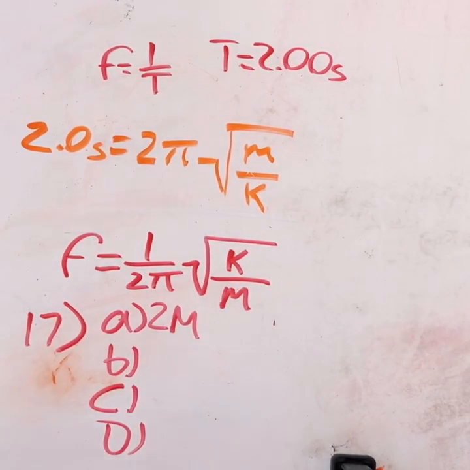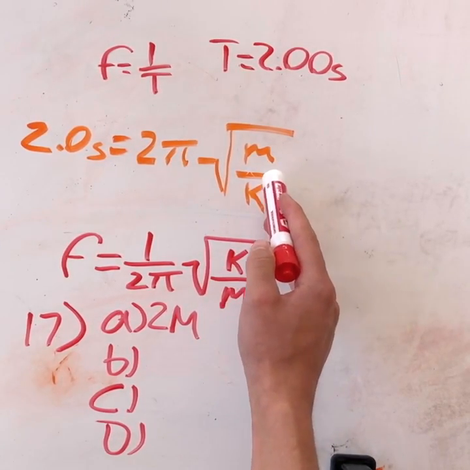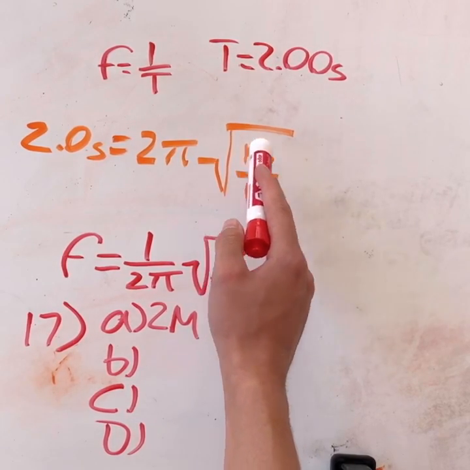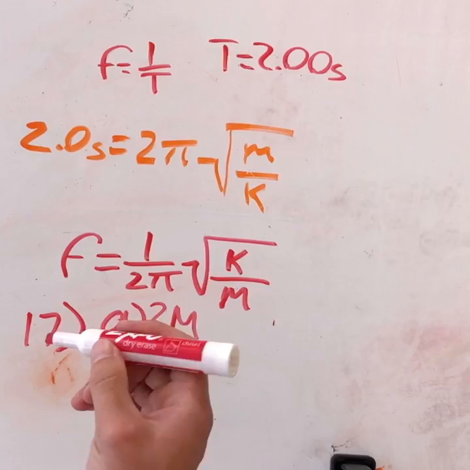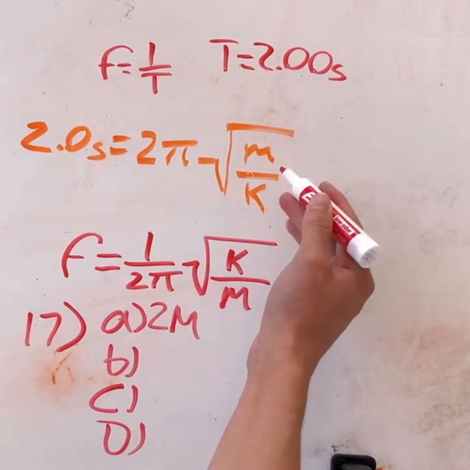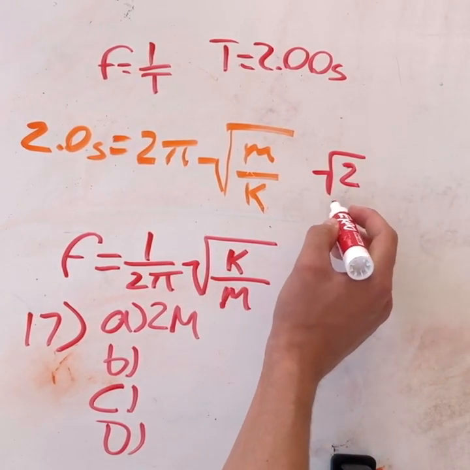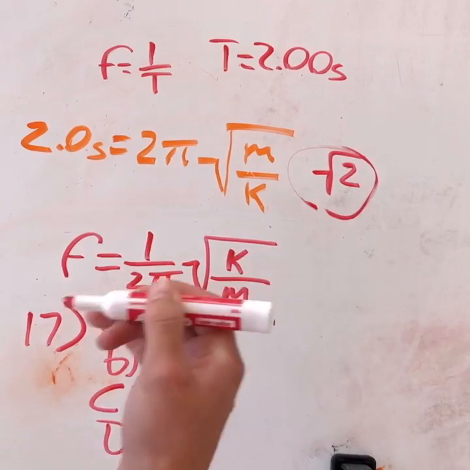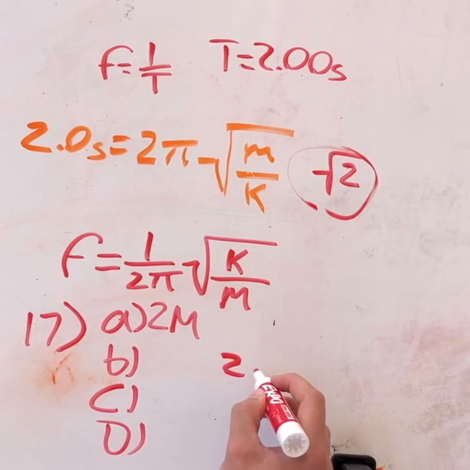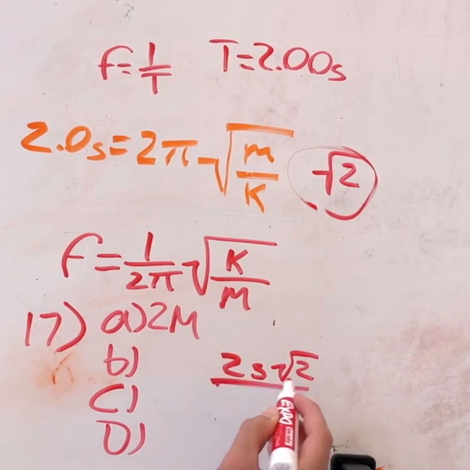Well, assuming that this is all going to equal the same thing, it's just going to be double, we can say it's going to change by a factor of the square root of 2. So any change between this mass and double the mass is going to be a change by a factor of this number here. If we multiply 2 seconds times the square root of 2, we should get our change.